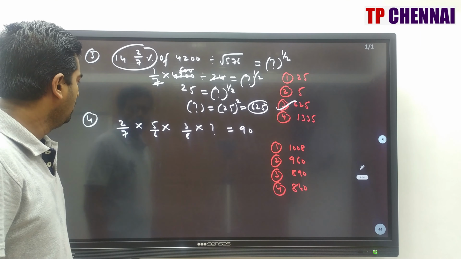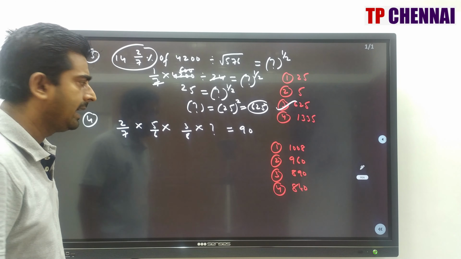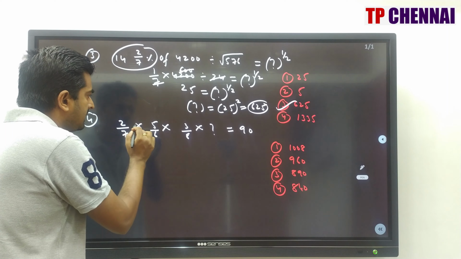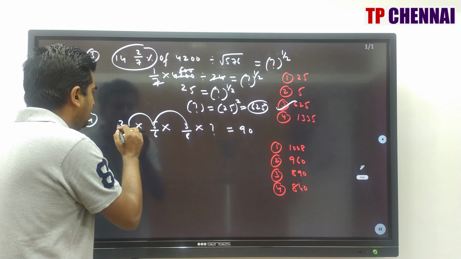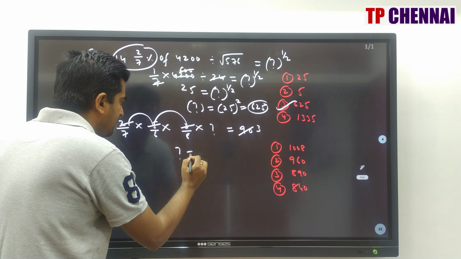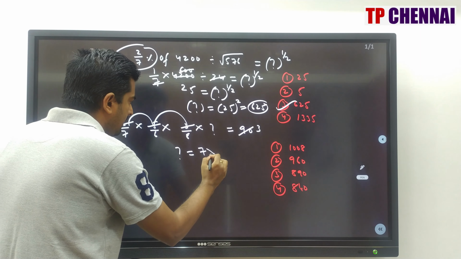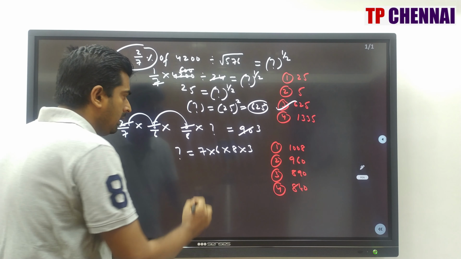Next one, 2 by 7 into 5 by 6 into 3 by 8 into question mark is equal to 90. First cancel these numbers. So 5 2s are 10, 10 3s are 30, 30 3s are 90. So we can cancel this number by 3. So question mark is equal to 7 into 6 into 8 into 3, right?